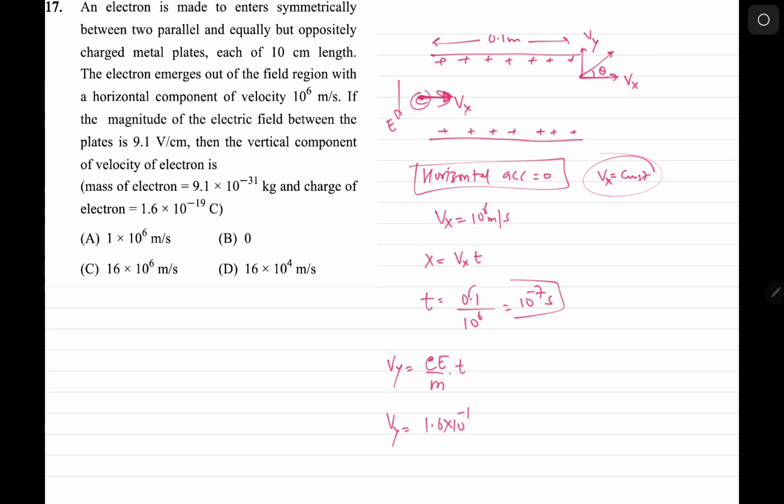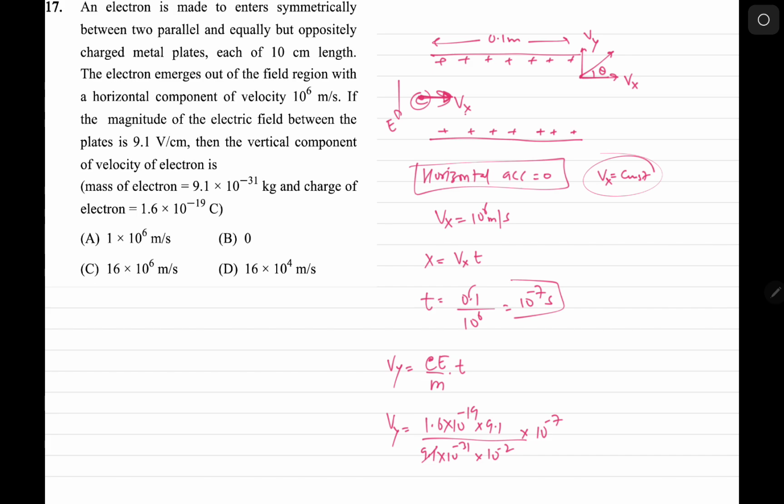1.6 into 10 to the minus 19, and E is 9.1 volt per centimeter, so 10 to the minus 2 converted into meter, and mass is 9.1 into 10 to the power minus 31, into time, that is 10 to the minus 7.